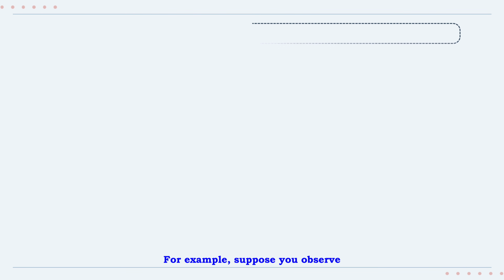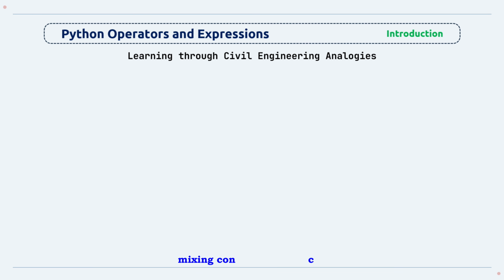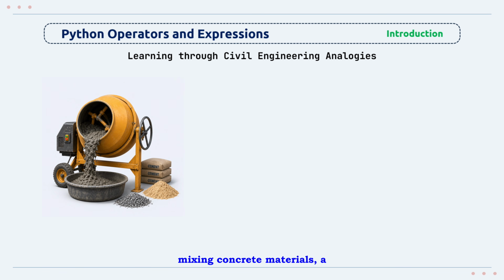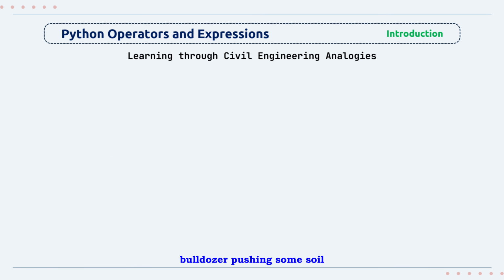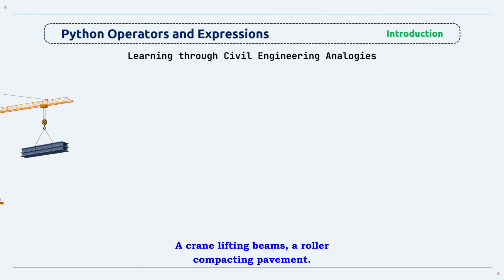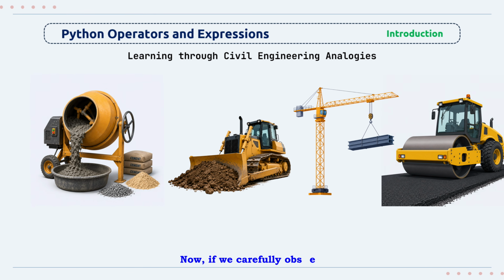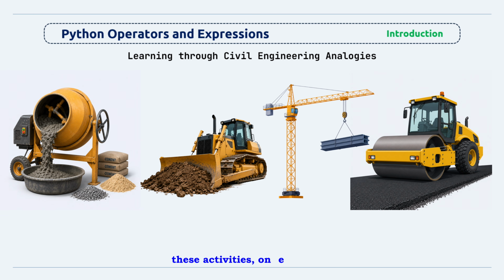For example, a concrete mixer mixing concrete materials, a bulldozer pushing some soil elements, a crane lifting beams, a roller compacting pavement. If we carefully observe these activities, one important thing becomes common in all these cases, that is, all these machines or tools are performing some actions on something.